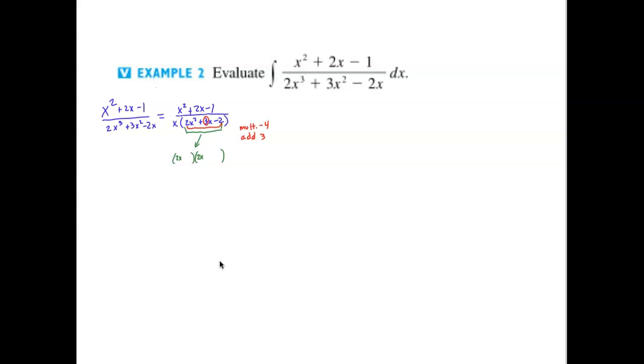Answer my riddle. You multiply them together, they make -4. You add them together, they make +3. -1 and +4. So then I'm going to put -1 in one set of parentheses, +4 in the other.